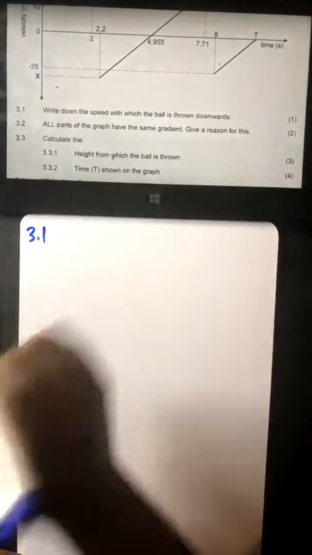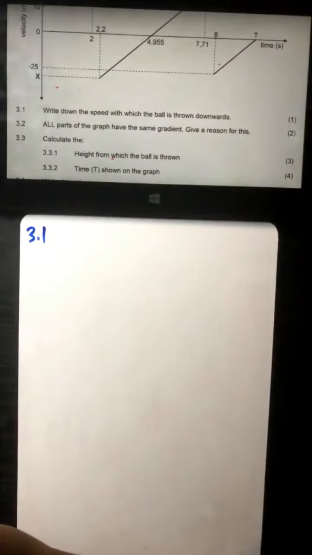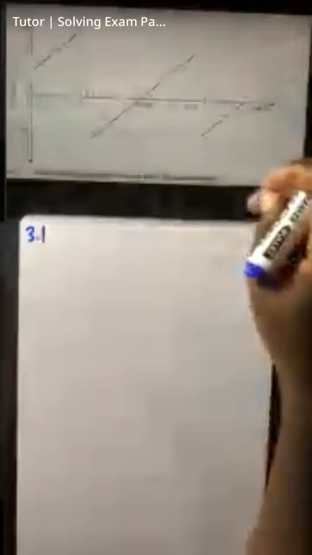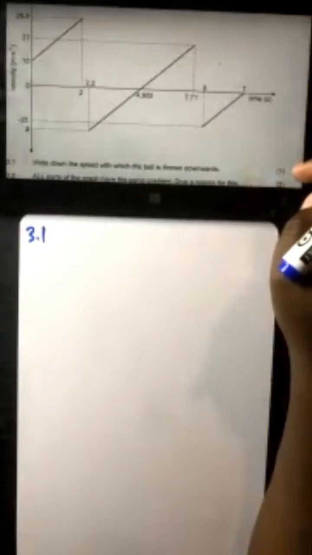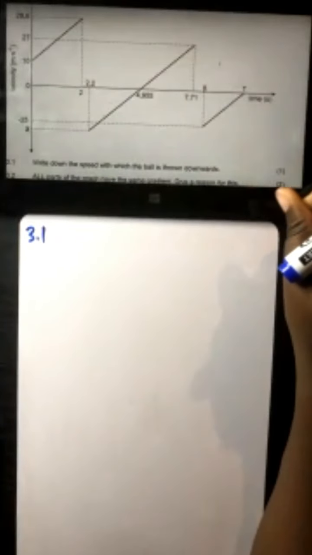So our first question, which is 3.1, says write down the speed with which the ball is thrown downwards. So guys, based on the explanation that I've given, and again based on this diagram, are we able to tell what is the velocity or the speed with which the ball is thrown downwards?